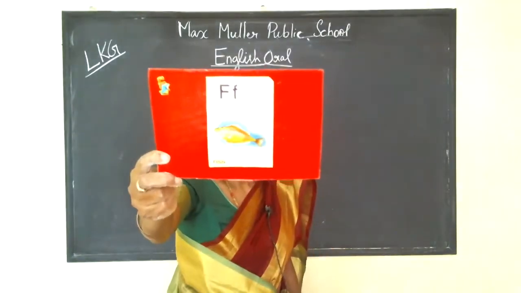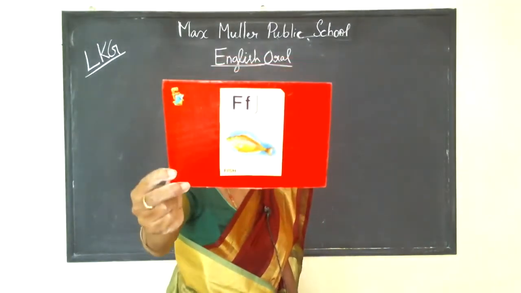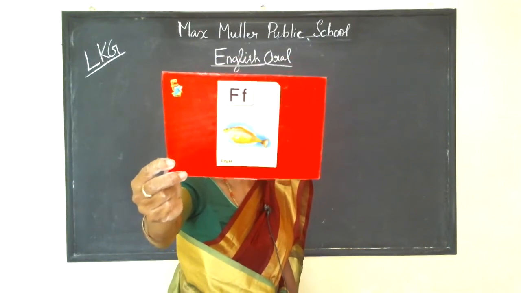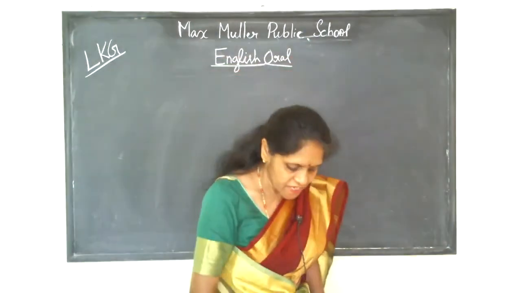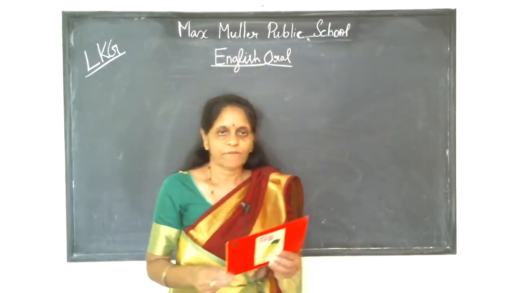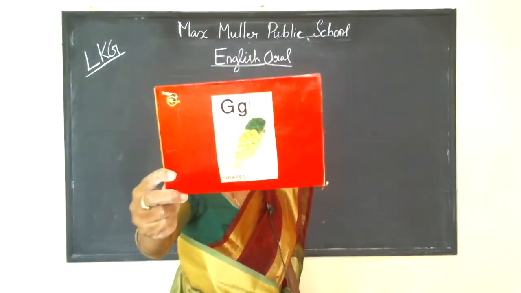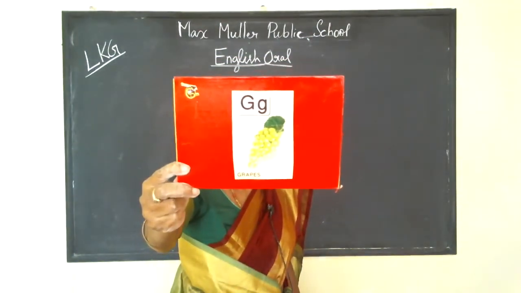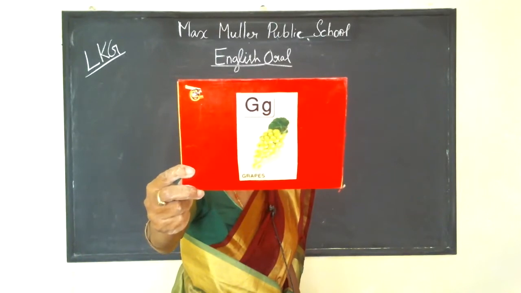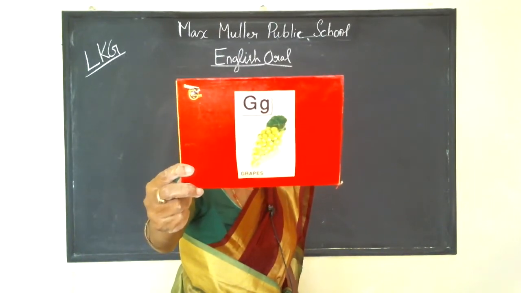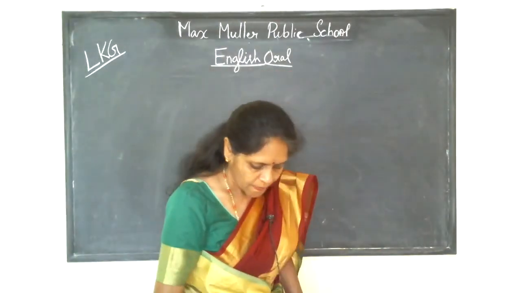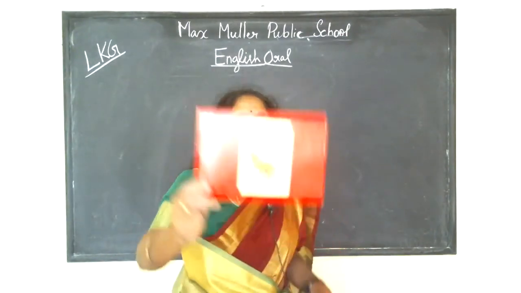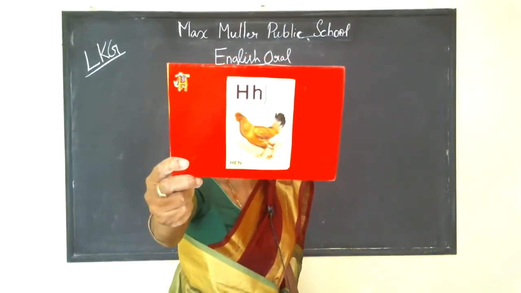Next. Capital F, small f. F for fish. Next. Capital G, small g. G for grapes. Next. Capital H, small h.